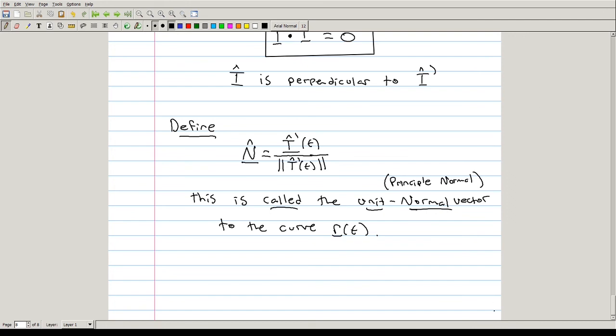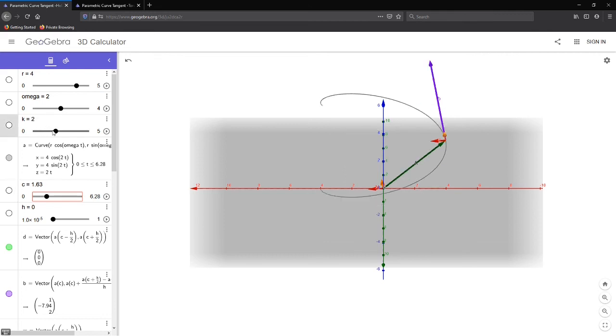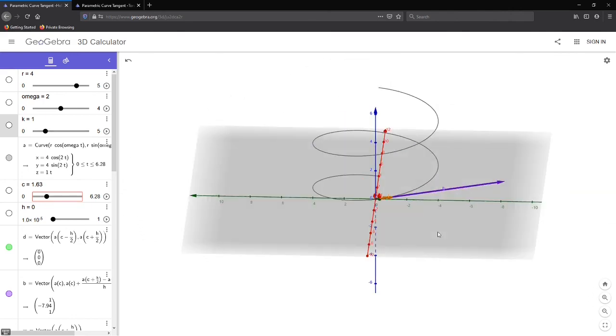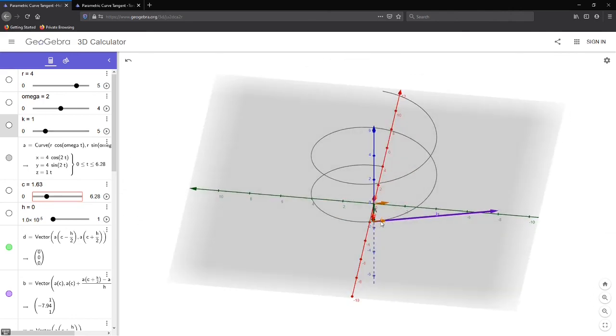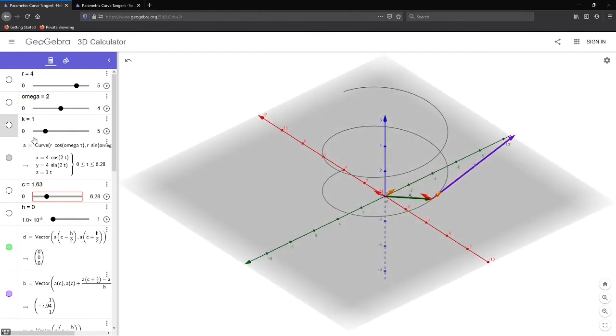And just to go back to our example, let's take a look at our example and we'll show what this looks like. So on this plot here, I've shown a plot of the unit tangent vector, which is in orange, this vector f right here, alongside the unit normal vector.